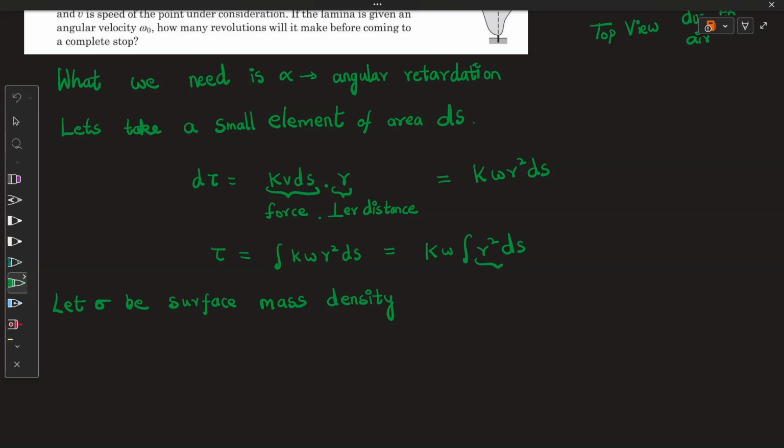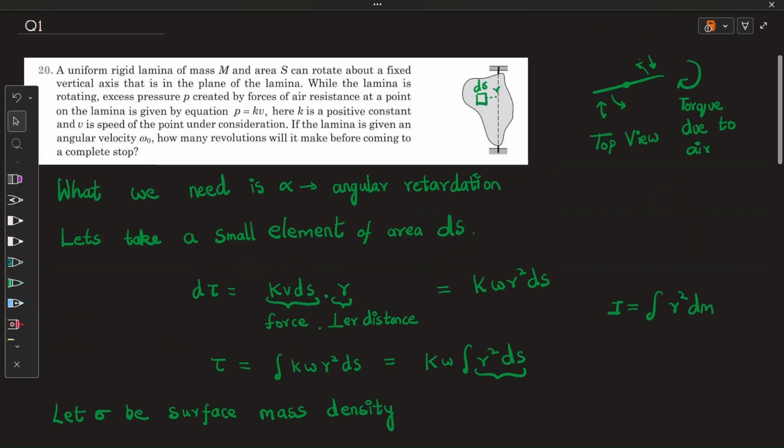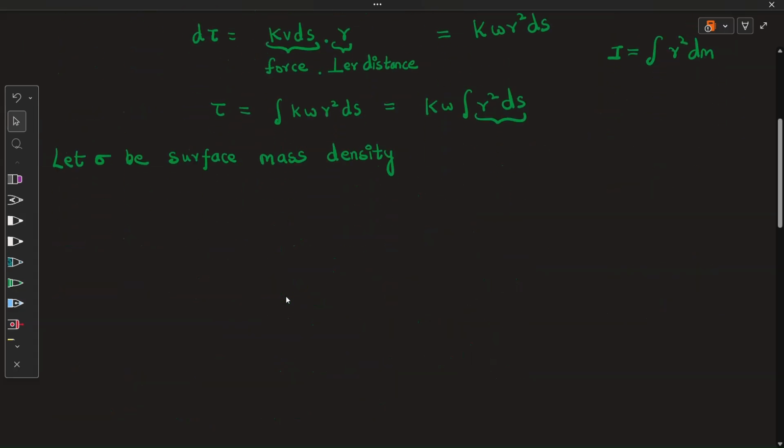We have seen this pattern somewhere else, right? r square ds. Moment of inertia is nothing but integral r square dm. So we have to convert this ds into dm. How are we going to convert it? With the help of this one keyword, uniform. As it is uniform, let's assume its surface mass density as sigma.